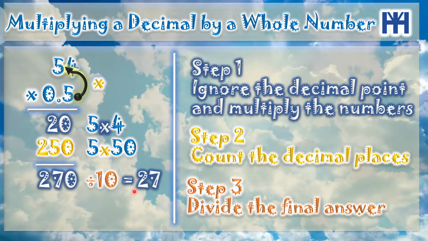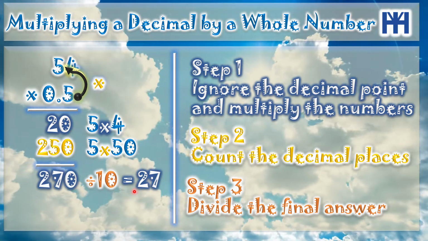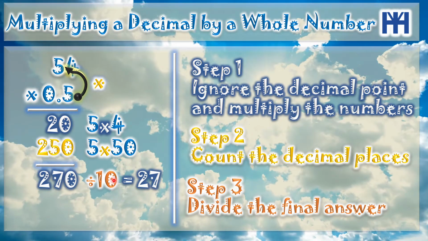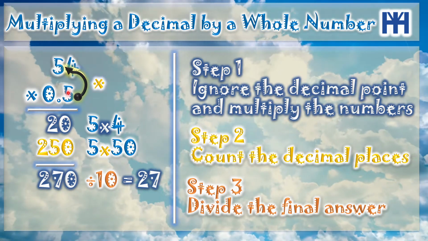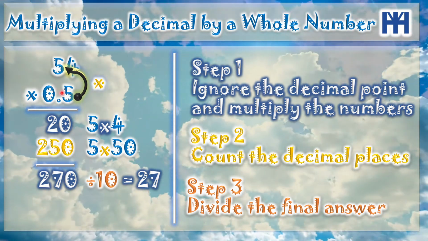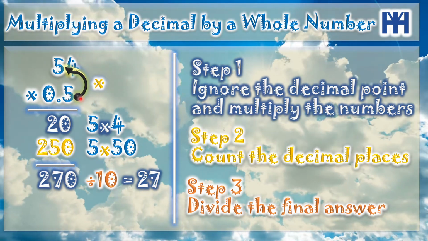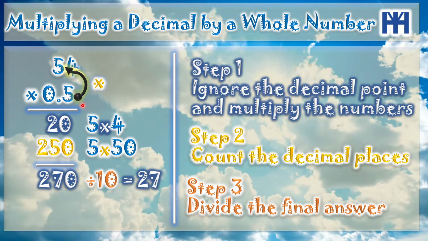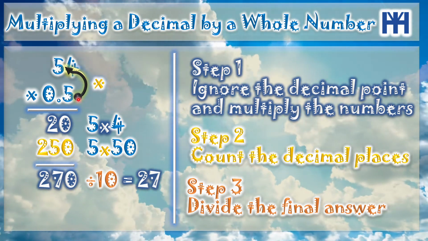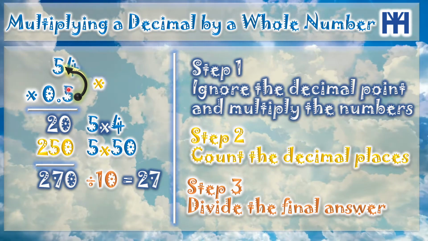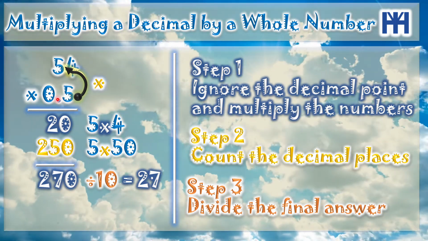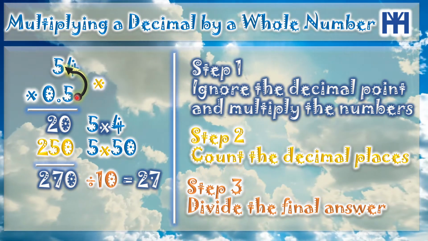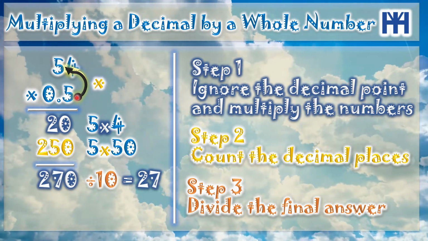Okay, so again, let's recap here. What have we done? Or let me explain it in another way. This 0.5, to make it 5, what can we do? We can only multiply it by 10, so it will be a whole number again. Then we proceeded with the multiplication and ignored the 0.5, as if we moved the decimal point 1 point to the right. But after that, we have to move it back 1 point to the left.